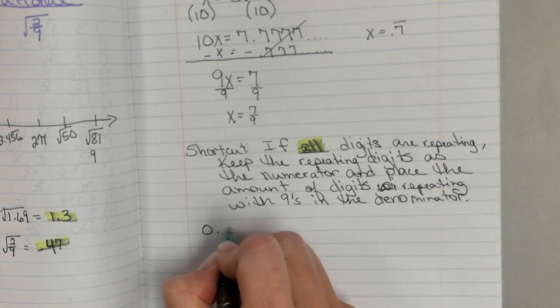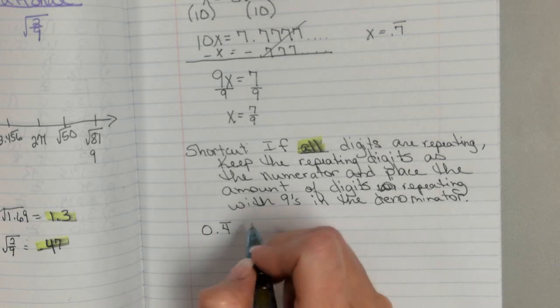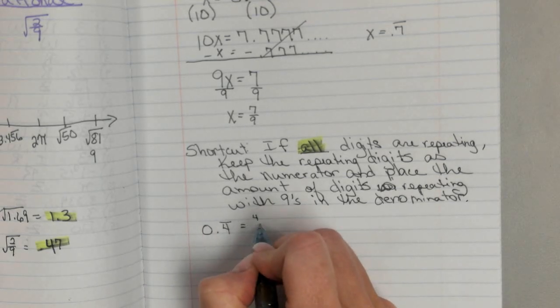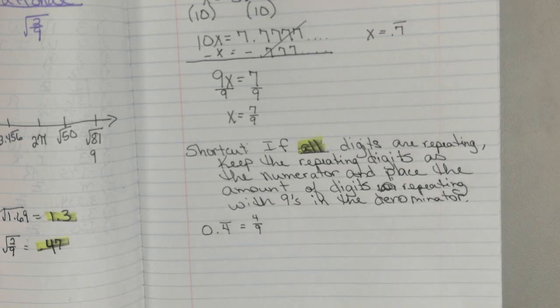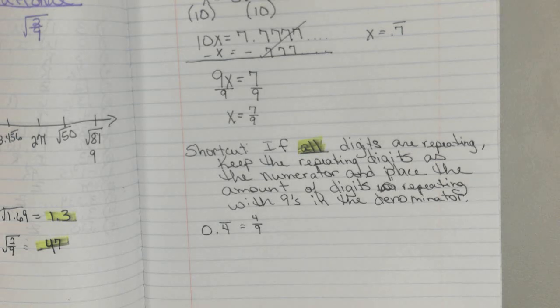So if I have 0.4 repeating, I have 4 tenths repeating. 4 is what's repeating, so I just put 4 over 9. I can't put 4 over 10. 4 over 10 is 4 tenths. This is not 0.40. This is 0.4444. It's like having 40 cents or 44 cents. The difference matters.